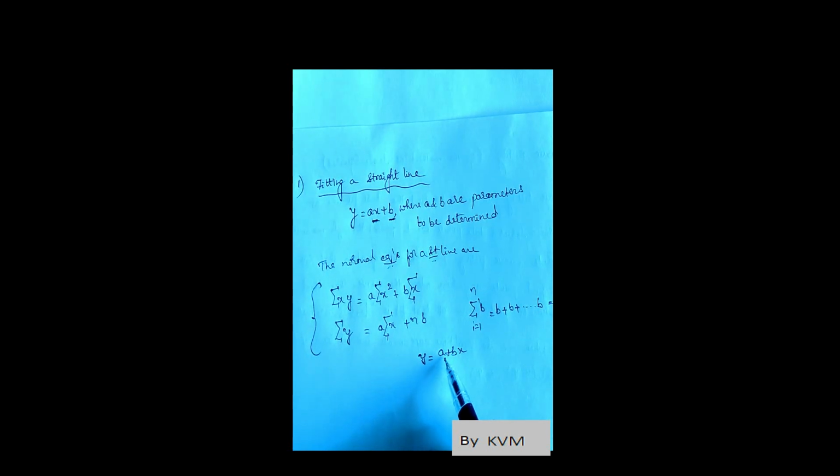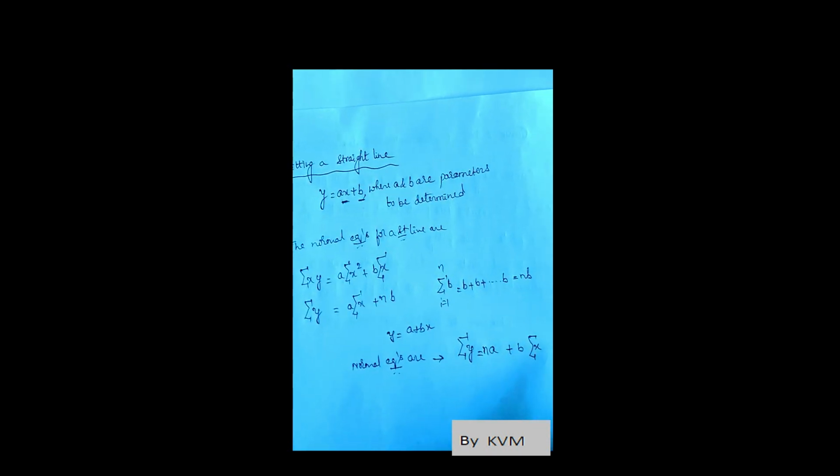If the straight line is y equals a plus bx, here also the same thing. The first term is a constant, so the power of x is 0. So write down the equation as it is, y equals a plus b into x.